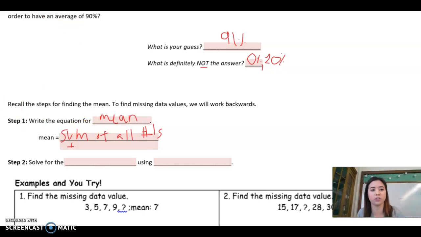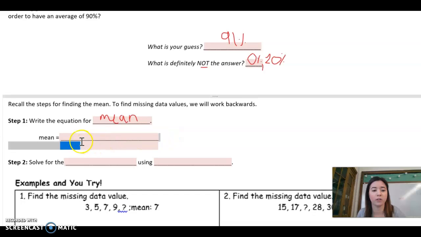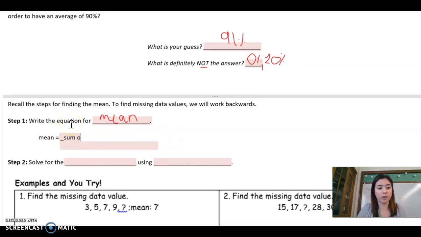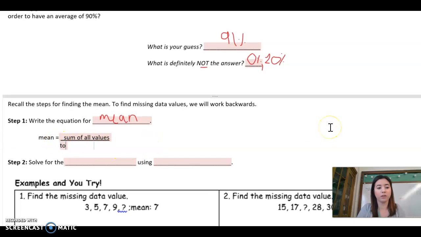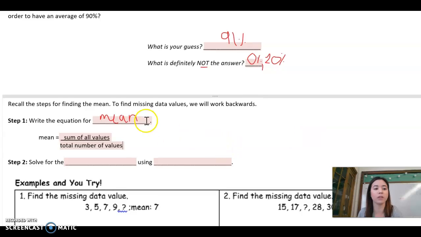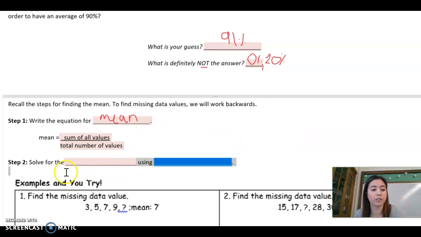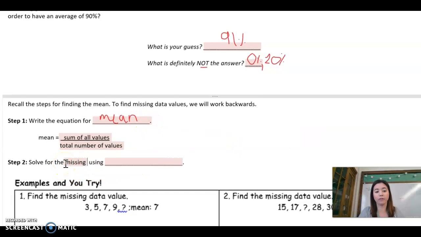Actually, I'm gonna type this. So we have the sum of all values up top, and on the bottom, the total number of values. So in this case, total number of test scores would go on bottom. Okay, and we're gonna solve for the missing value using algebra.